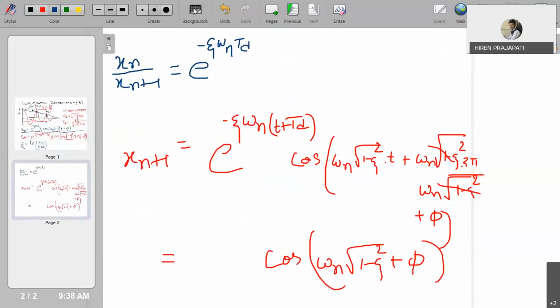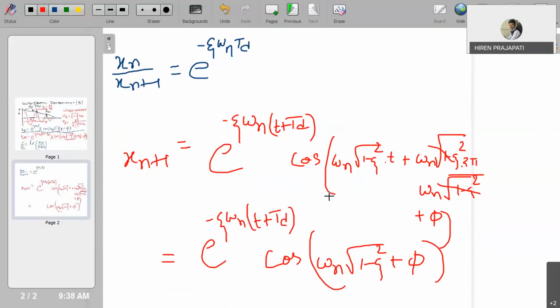Is it clear? This step is clear because x n plus 1 is nothing but e to the power minus zeta omega n, t plus td.